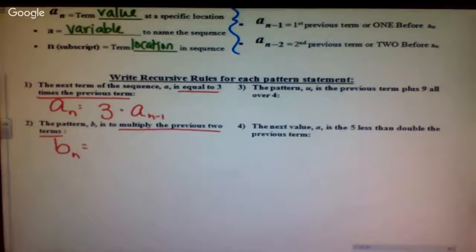So I need to go back and use this one, 2 spaces back from where I'm at, and this one, 1 space back, and multiply the 2. I need to go back to the term 2 away and the term 1 away.